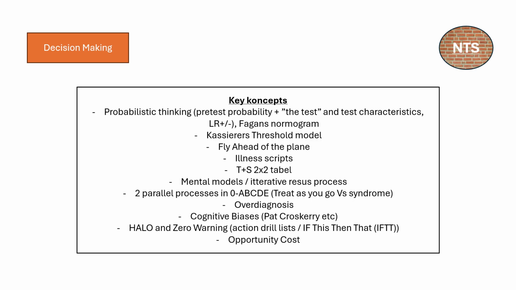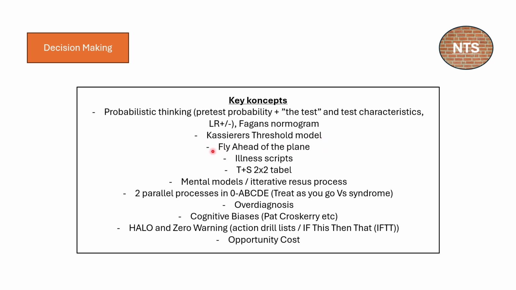The only area I haven't touched on in this video, I think, is cognitive biases, and I haven't delved into the halos. But in general, some of the key concepts that we need to think about here are probabilistic thinking, pretest probability, the test and test characteristics as we talked about, likelihood ratios, Fagan's nomograms, the threshold model as we talked about as well.